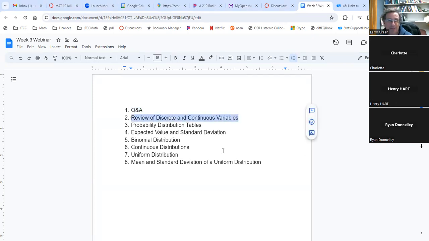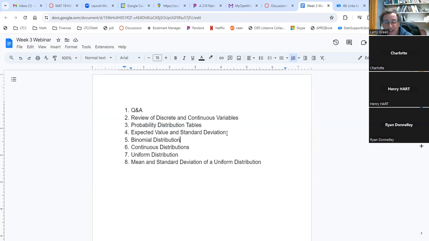And then after that, I'm just going to give you a quick review of what it means to be a discrete variable versus a continuous variable. We actually did that in the first week of class, but this is important for this week. Then we'll look at probability distribution tables. That turns out to be really important for chapter 4.